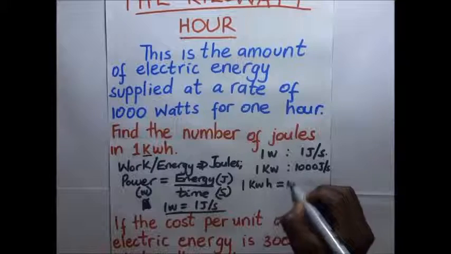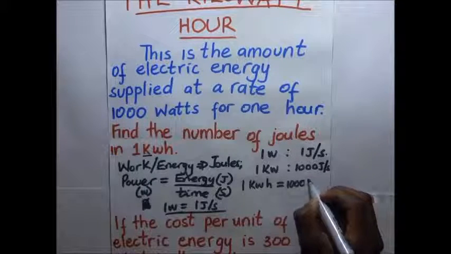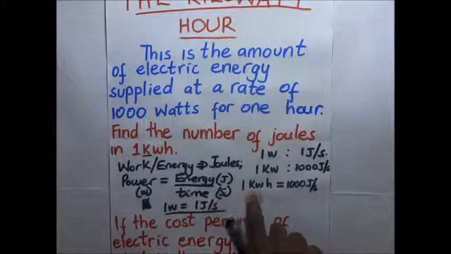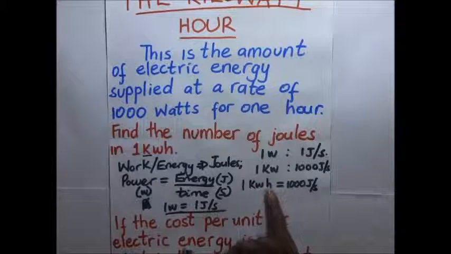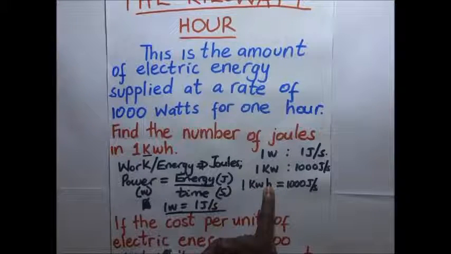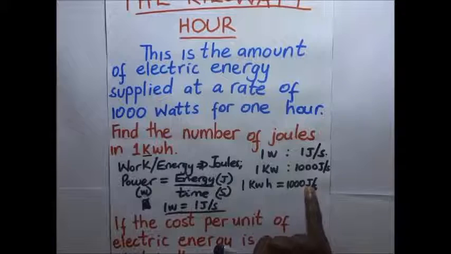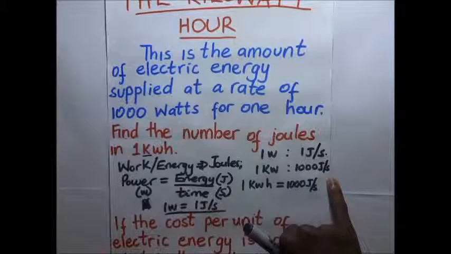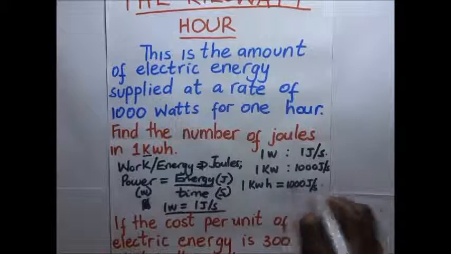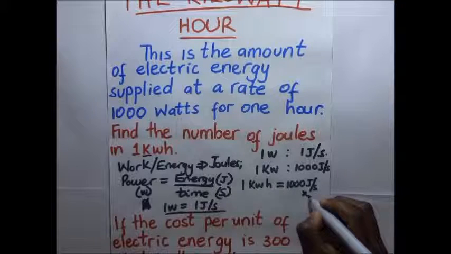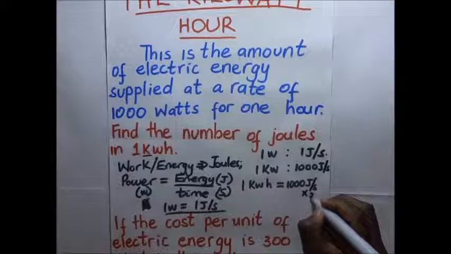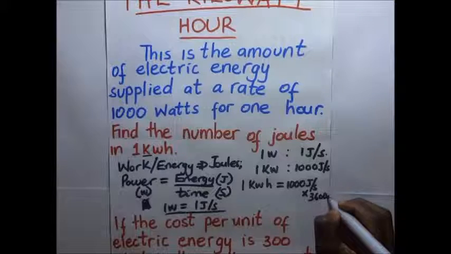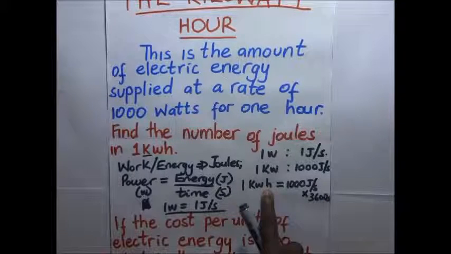So it's going to be 1000 joules per second. That is what we have in the kilowatt. Then these hours, we're supposed to convert them to seconds, because we are multiplying joules per second by seconds. So 1000 joules per second, multiplied by 3600 seconds. 3600 seconds is what is present in 1 hour.